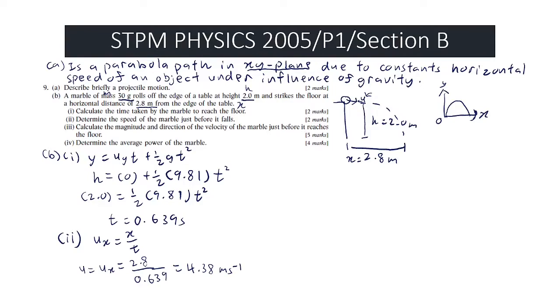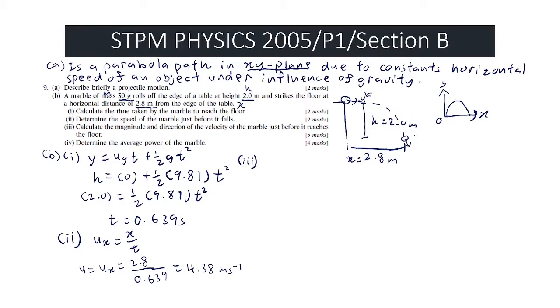Now calculate the magnitude and the direction of the velocity of the marble just before it reaches the floor. So in this case, we want to find out the velocity here just before it reaches the floor. It should be somewhere like so.